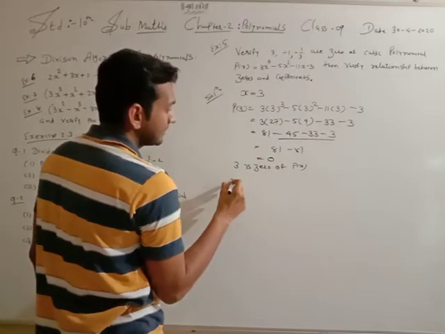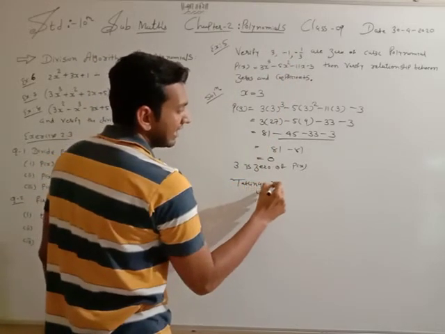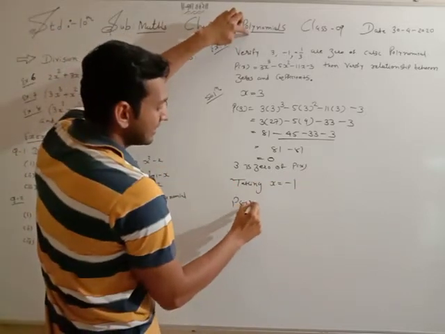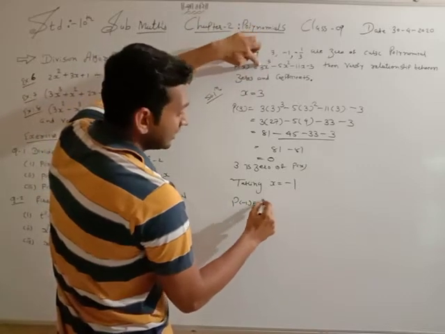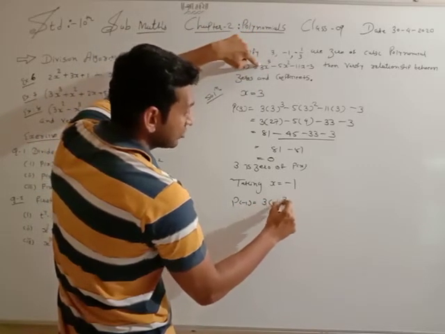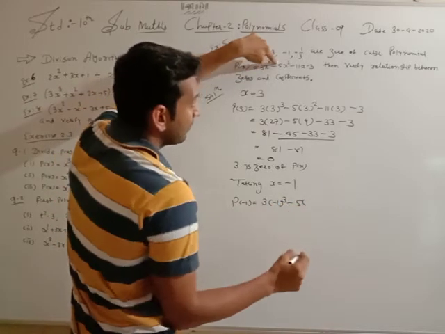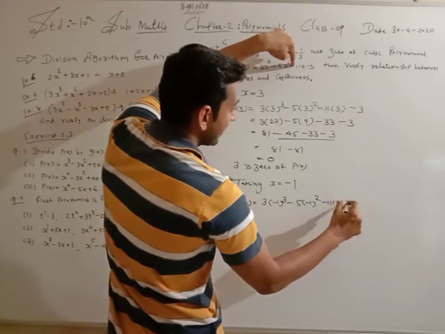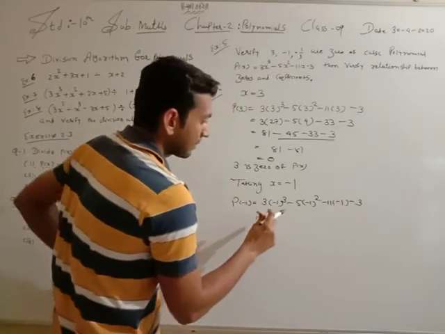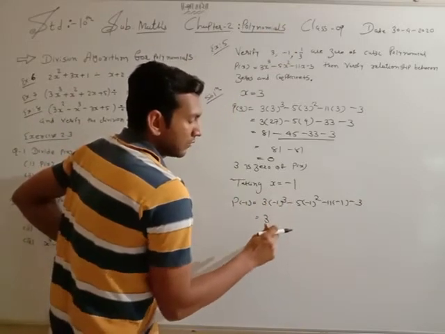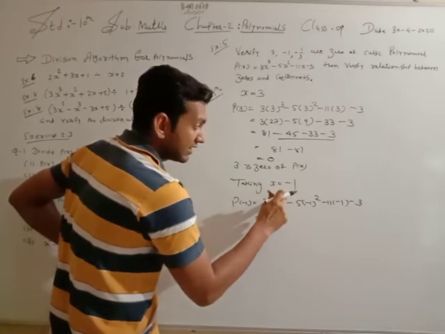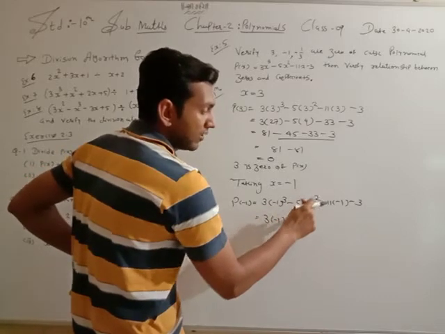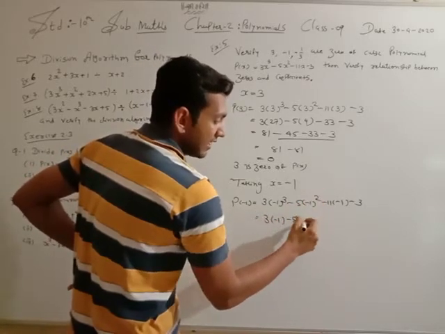Now the second. Taking x is equal to minus 1, p of minus 1 is equal to 3 into minus 1 raised to 3 minus 5 into bracket minus 1 raised to 2 minus 11 into bracket minus 1 minus 3. The 3 stays as it is. 1 raised to 3 is 1, but the power is odd, so the answer is negative. Minus 5, the minus term is there, and 1 square is 1, the power is even, so the answer is positive.